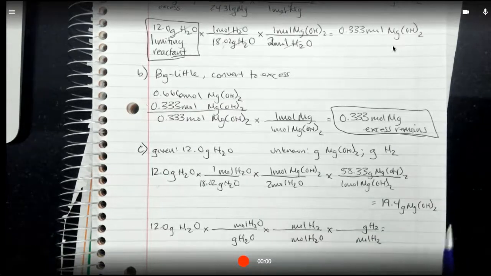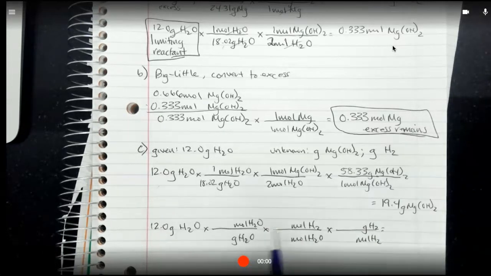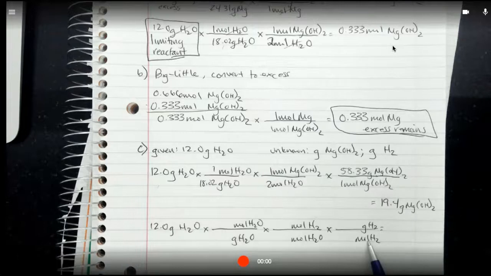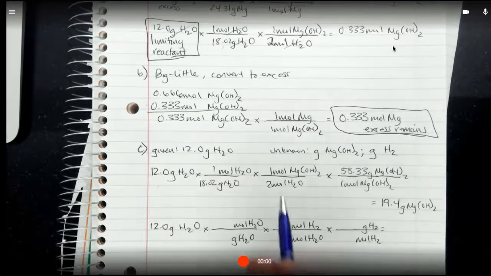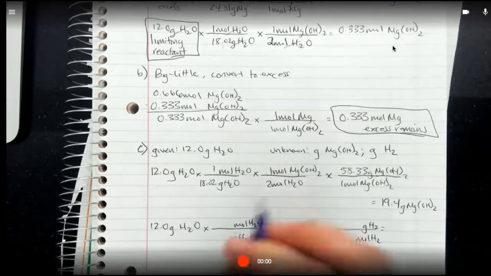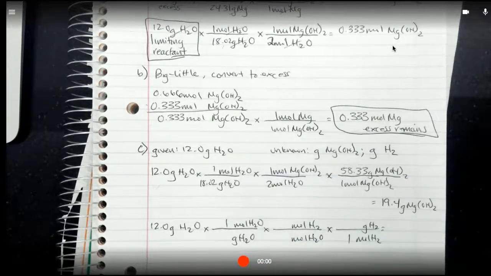Okay, looking at just our conversion factors here. This unit, drop down. When we have gram and mole together, substance must be the same. Then our numerator unit drops down. When we have mole and mole together, we can change substances. Then mole of H2 from the numerator to the denominator drops down. We're going to grams of H2. So remember, when gram and mole are together, mole gets the 1.